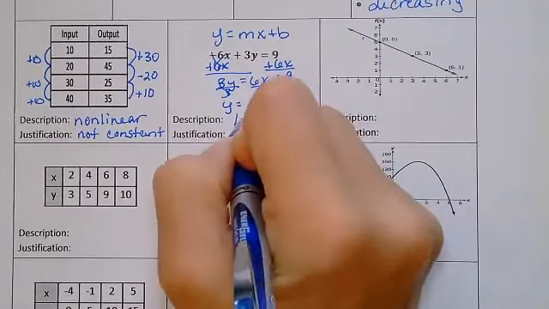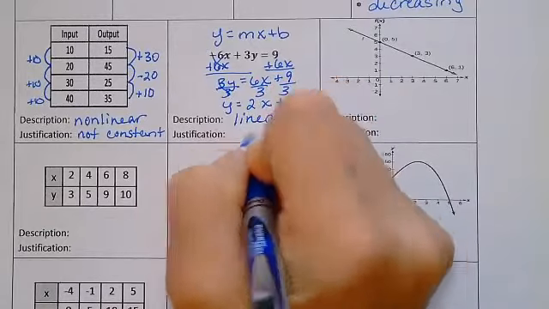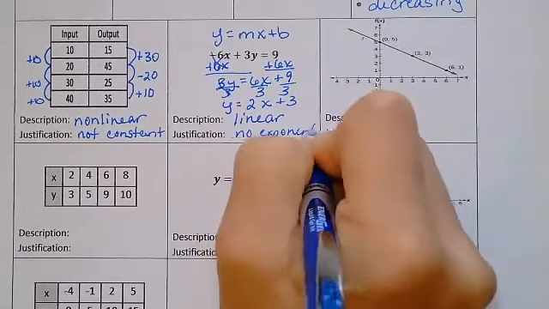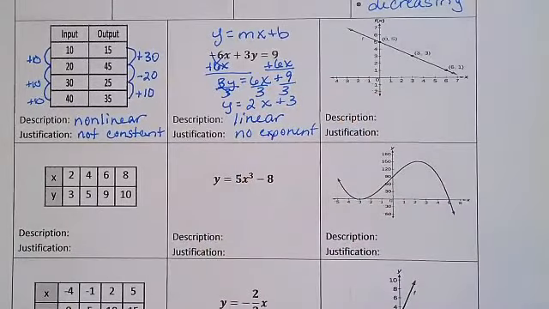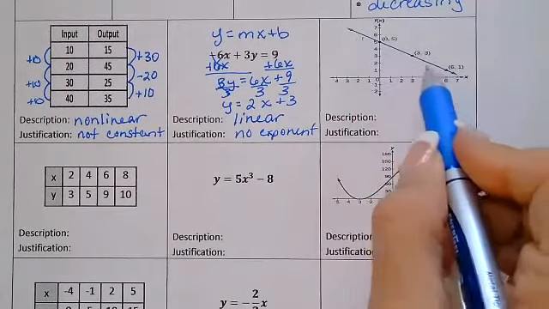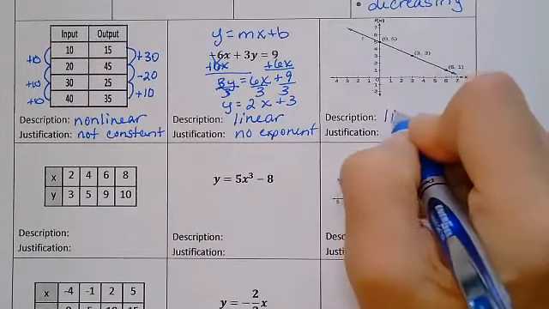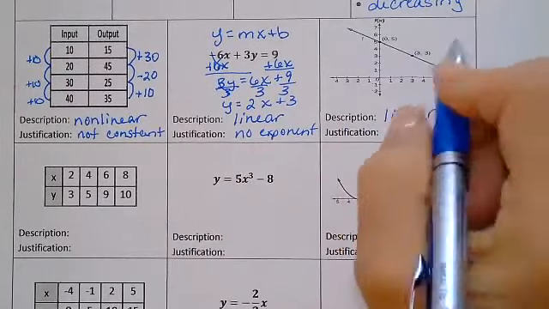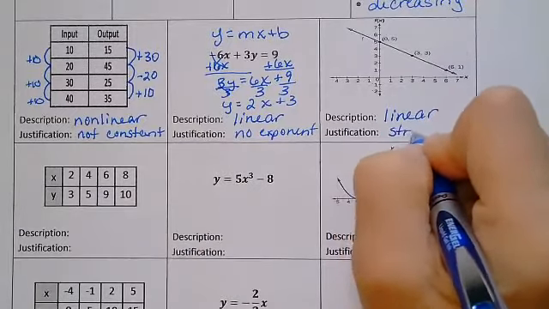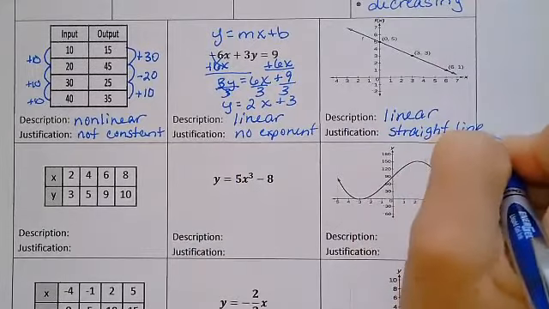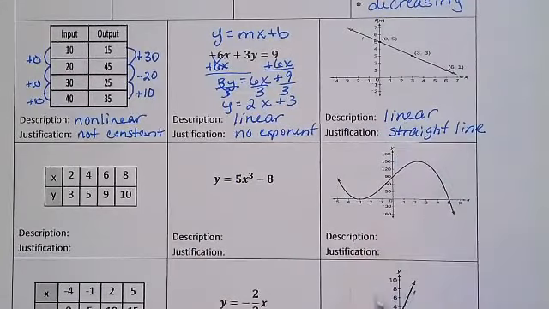So that means that it would be linear. There is no exponent. All right, looking at the graph. I'm looking at this line and it is perfectly straight. So that means that it would be linear. It is a straight line.